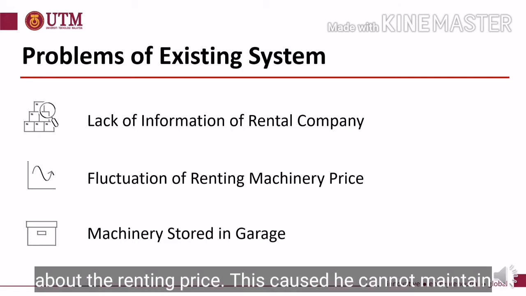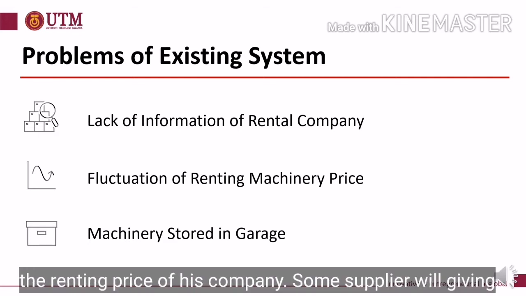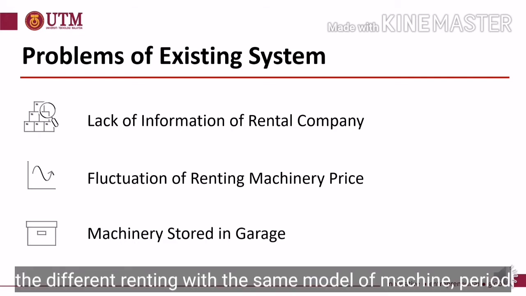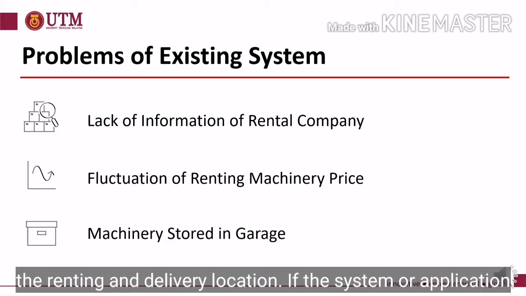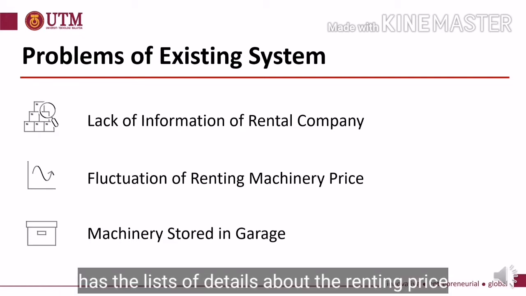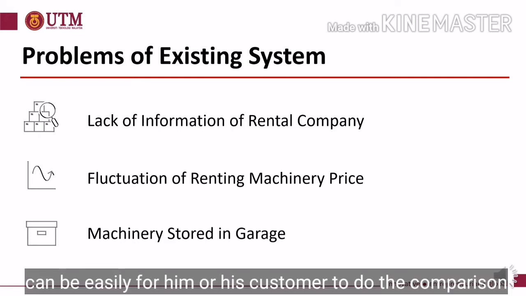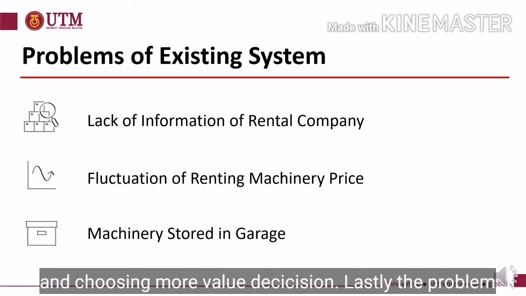This causes him to be unable to maintain the renting price of his company, and some suppliers also give different renting prices for the same model of machinery, period of renting, and delivery location. If the system or application has a list or details about the renting price, it can be easy for him or his customers to do comparisons and make a better value decision.